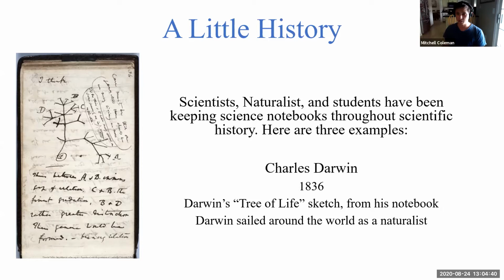He would note down his observations. He would draw pictures. He would work out his ideas. It was really those notebooks that he kept for many years, because he was a young man when he did his actual voyaging. The common picture of Darwin is of an older man with a long white beard and so forth.